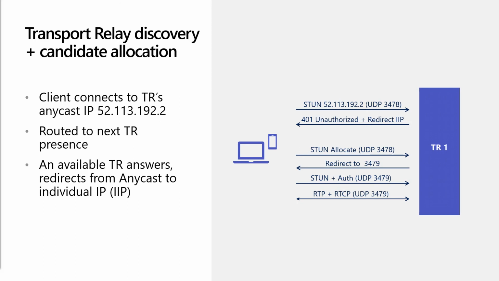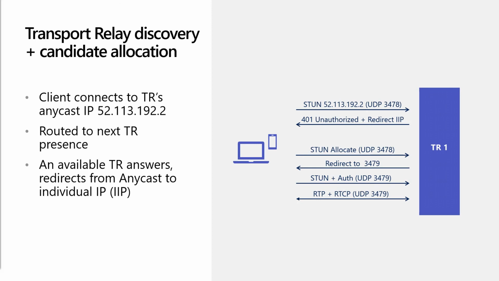So the client connects to the Transport Relay's Anycast IP of 52.113.192.2. That is the global Anycast IP address. However, through magic, you are then routed to the closest transport relay, and then an available transport relay answers and redirects from the Anycast to an actual individual IP address.